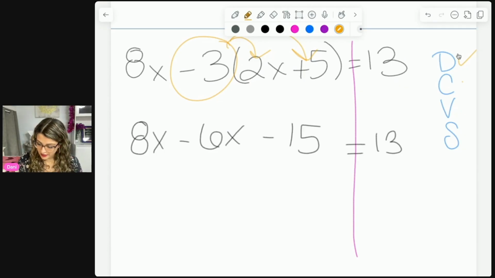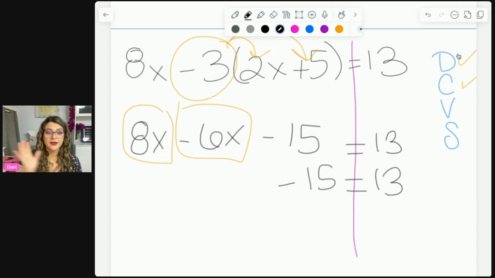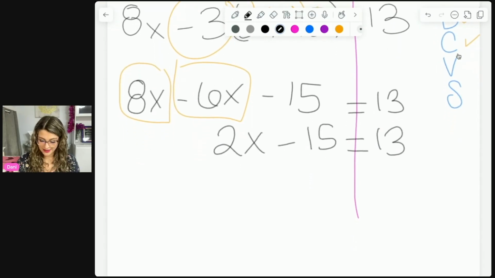All right. Next, we are going to combine like terms. So we have 8x minus 6x. -15 equals 13 is just chilling for now. So 8x minus 6x is a pretty little 2x. Now we've got something we're used to looking at, right? Circle my variable. I have my line down.